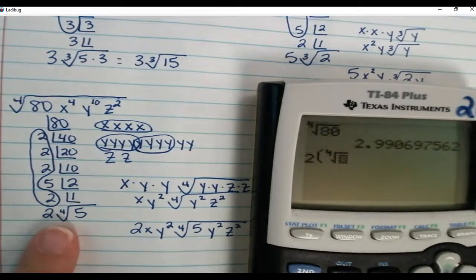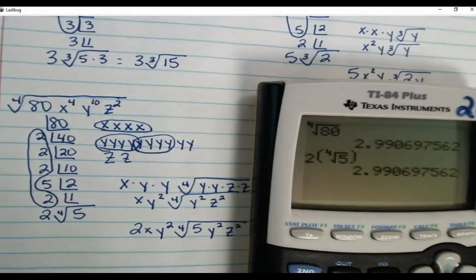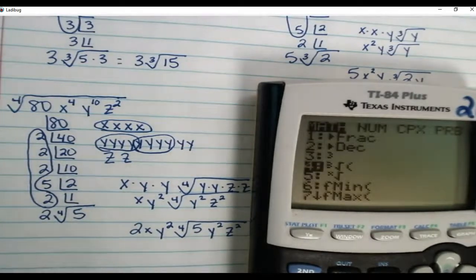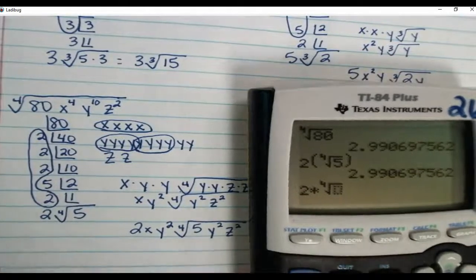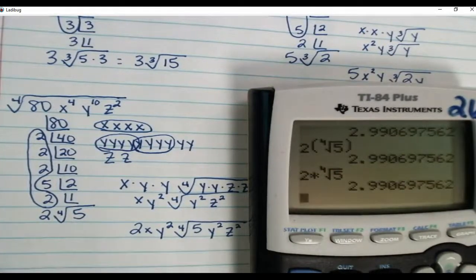Yeah. And then 5. Because if you just do 2, well, you might could do 2 times 4. Let's see. Yeah, either way. So either 2 parentheses or 2 times. And that gives you the same.